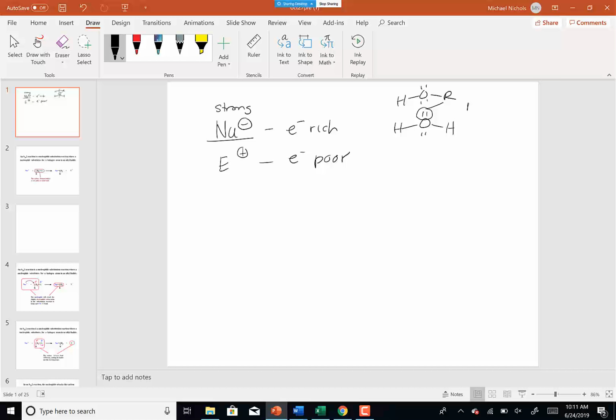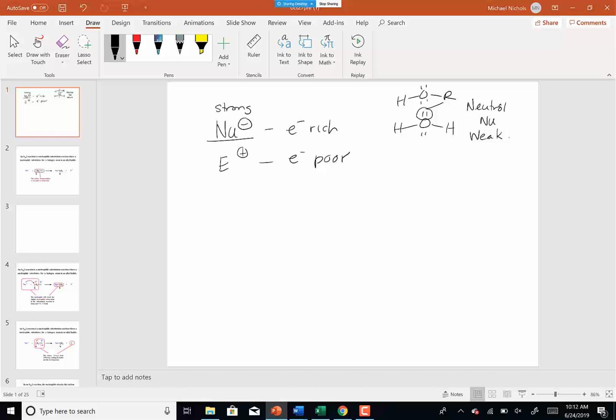These are going to be examples of neutral nucleophiles, since they have electrons as lone pairs, but they don't have a negative charge. And we're going to call those weak. So anything with lone pairs, but not a negative charge, is going to be called a weak nucleophile. Strong nucleophiles are going to react slightly differently than weak ones. But I'm going to break down those two terms simply in terms of a negative charge versus no negative charge. I'm kind of oversimplifying, but to start with, that's the easiest way to go.